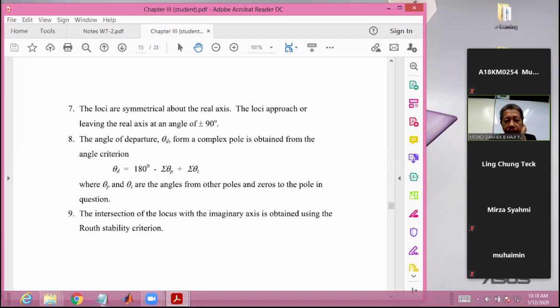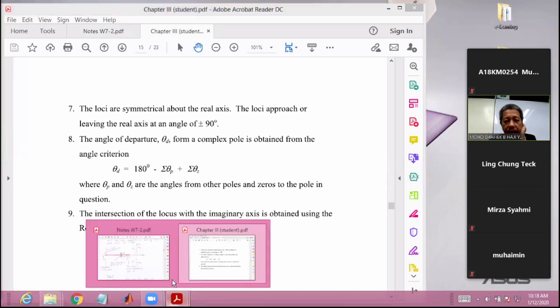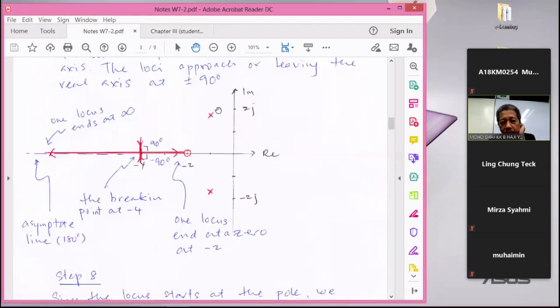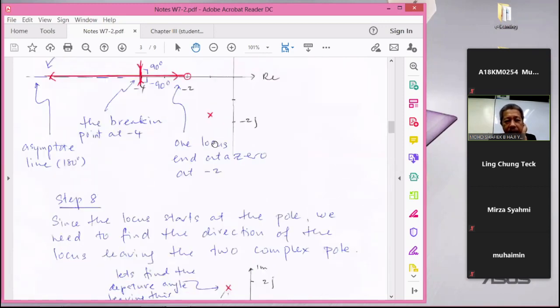For example, if you want to find the departure angle from the first pole here, you need to compute the angle from the other pole. You have one other pole and one other zero, and now you can compute that using the expression given in step 8. So let us take a look at the detail.